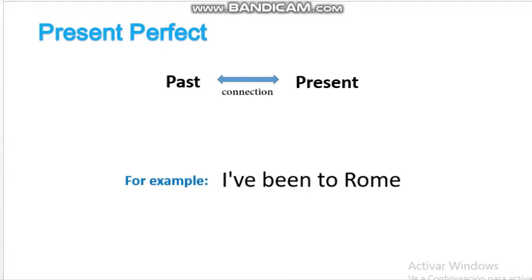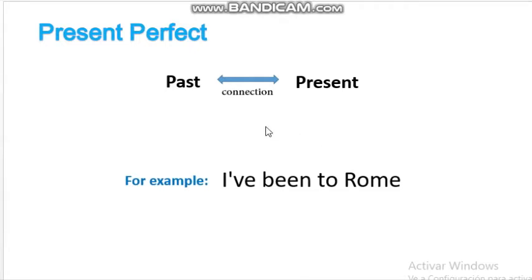Now we are going to talk about the present perfect. The present perfect is used for actions or events that are related to the present. So there's a connection between the past and the present. It is also used for actions or events at a specific time in the past which are still happening now, or for finished actions which have a connection to the present, as I told you.